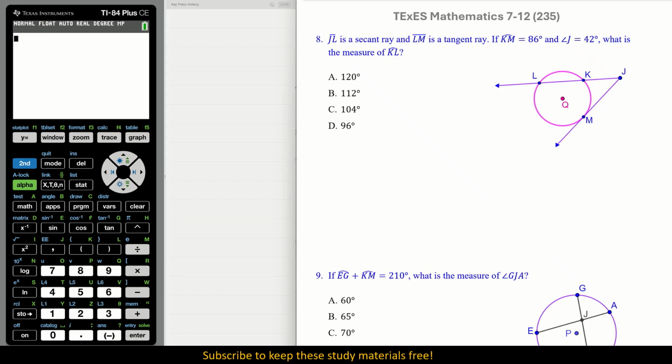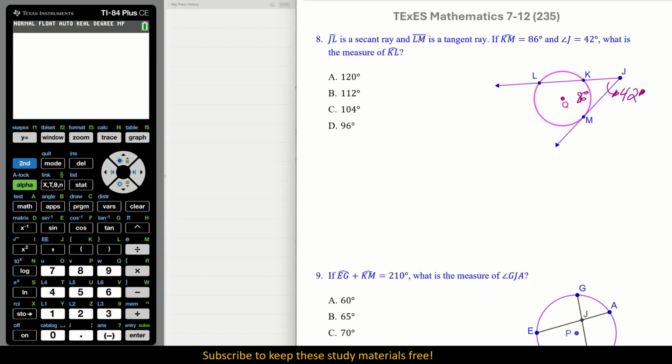Number 8. Segment JL is a secant ray and LM is a tangent ray. If arc KM is 86 degrees, so this arc right here is 86, and angle J is equal to 42 degrees, what is the measure of KL?